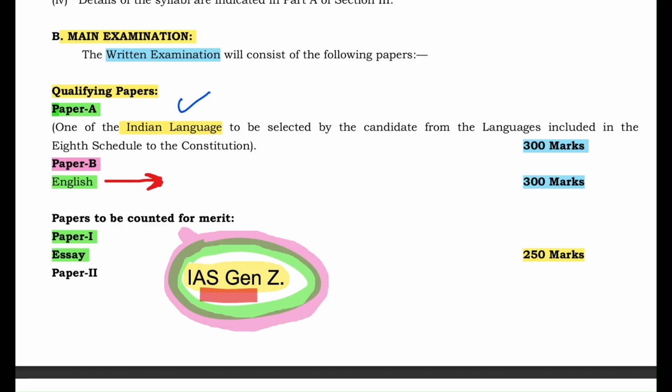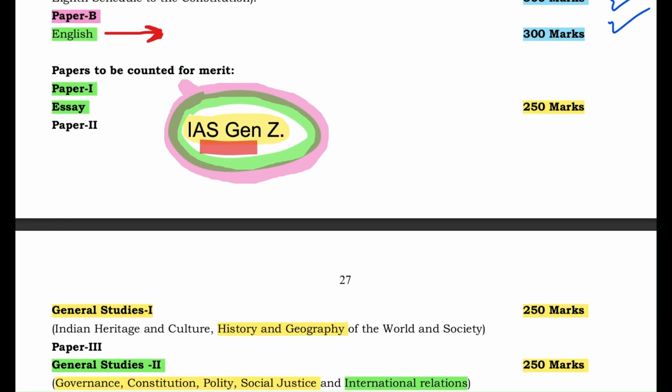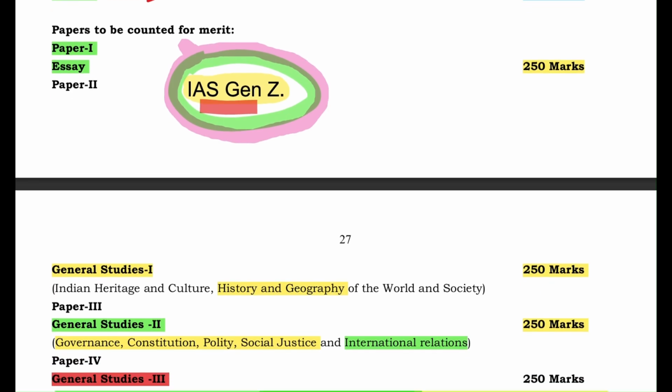After that, Paper B is the compulsory English examination, for 300 marks each. This is only for qualifying marks, 33%. Then the mains merit is calculated on the following papers.